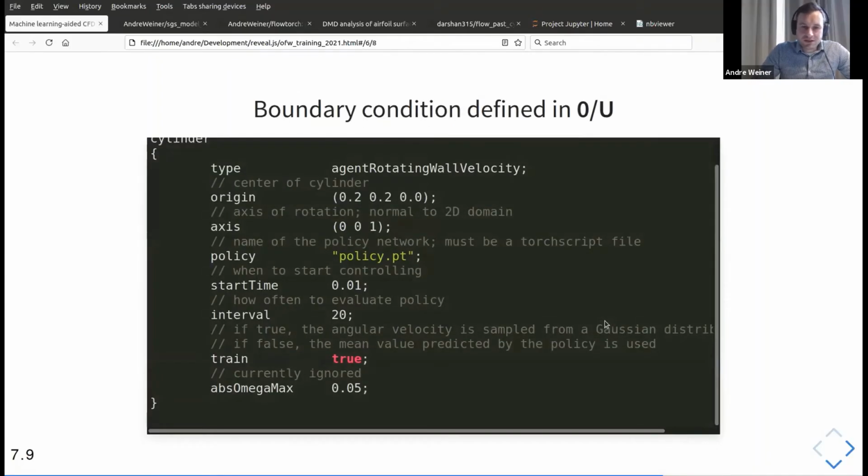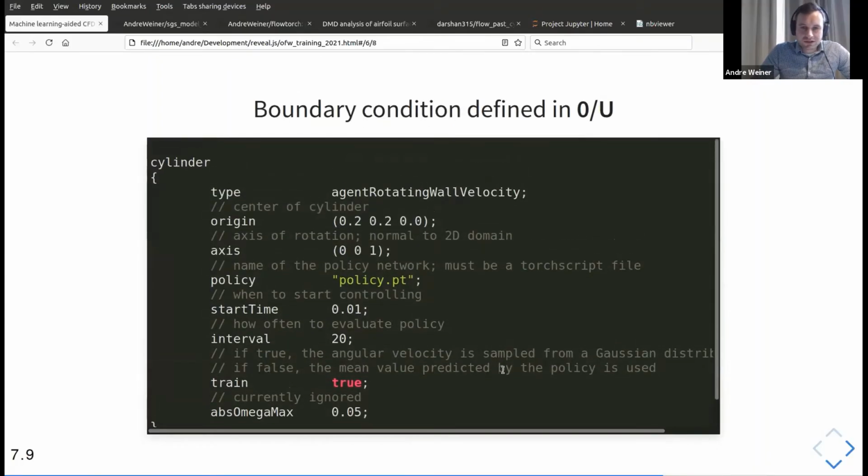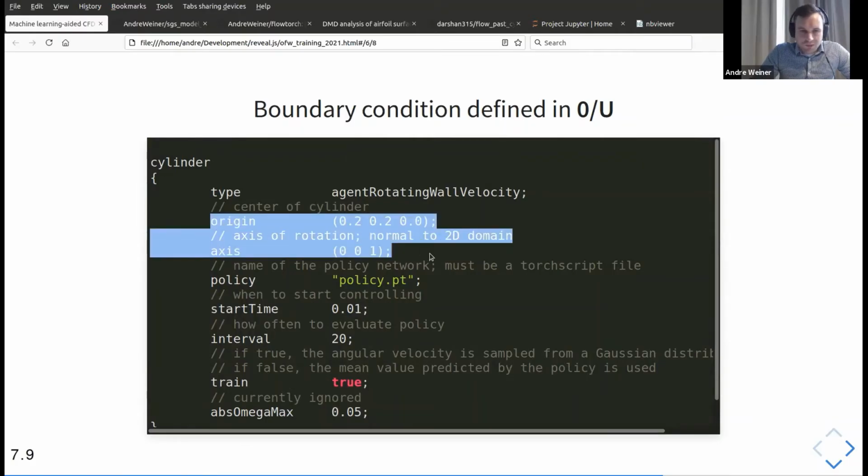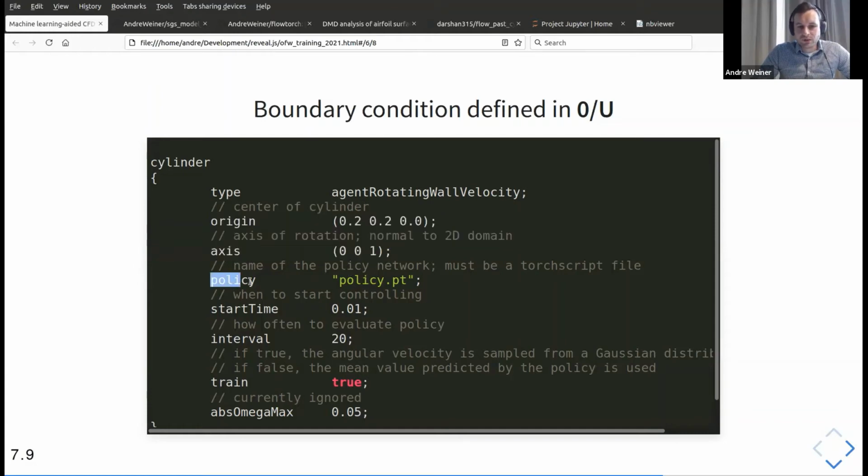All right, here's how it looks if you look in the 0U file of the test case. So we have a couple of geometrical parameters to define how the cylinder is oriented. Then the model, the policy network, is just loaded by defining the location of the model as a string. We can set the start time.